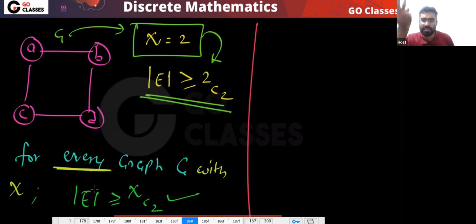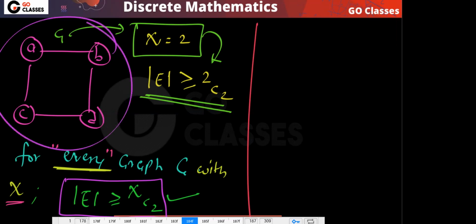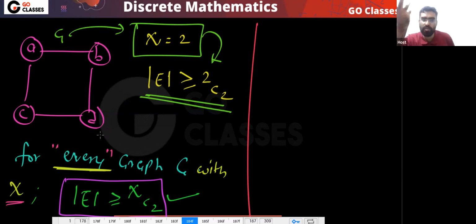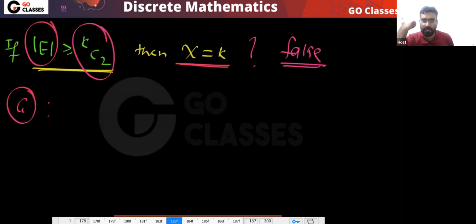Don't apply that. You can have any graph which has chromatic number zeta, like this graph has chromatic number 2. Then this theorem says the number of edges will be greater than or equal to zeta C2, so the number of edges in this graph will be at least 1. That is correct. But actually, how many edges are there? There are 4 edges.